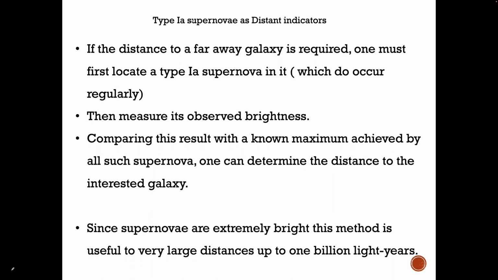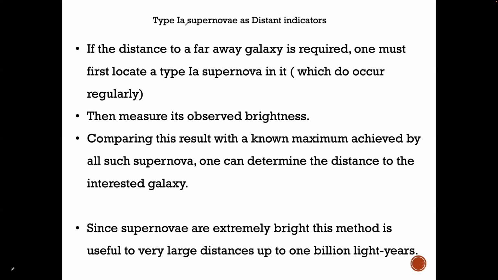So once you know the peak value, then you can measure the peak value coming from a distant supernova and compare it with the laboratory frame brightness. And once you have the two brightnesses, you can use the normal equation that relates the magnitudes and the distances to find the distance to that particular galaxy, right? So that's what actually happens.